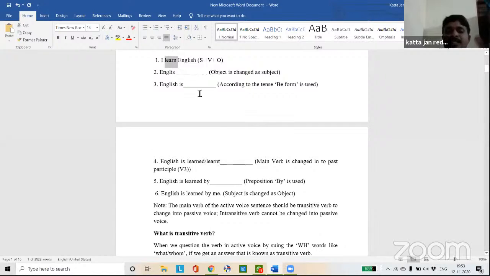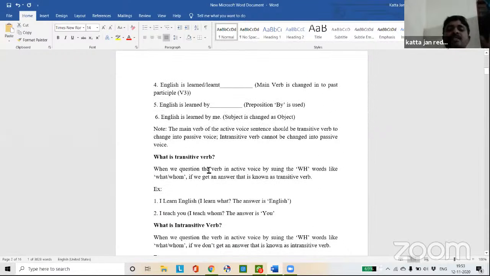What is transitive? What is intransitive? Let us learn gradually. So when a sentence is given to transform into passive voice, the verb in that sentence should be transitive. The verb should not be intransitive, because an intransitive verb cannot be changed into passive voice.